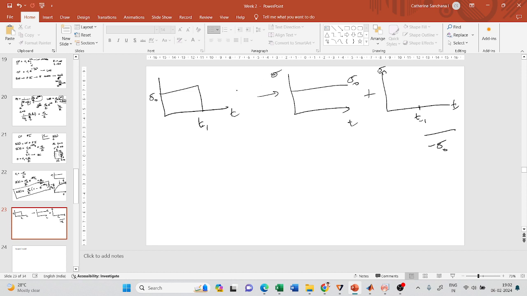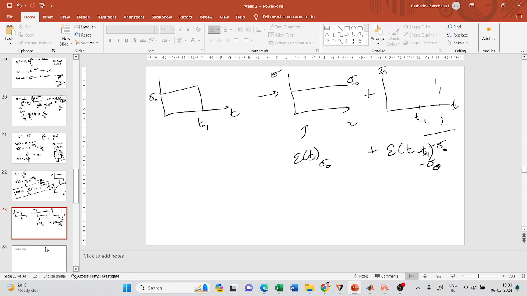This creep and recovery experiment can be represented using the principle of superposition. So what will be the response of the material? It is going to be epsilon of t due to sigma naught plus epsilon at t minus t1 due to minus sigma naught.